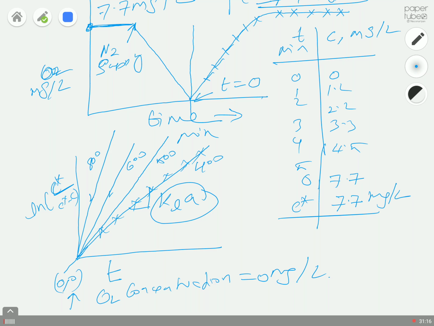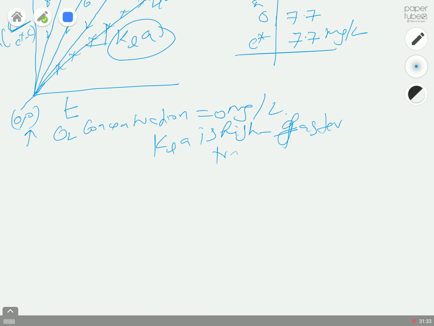Then this will give you some idea about at what agitation speed the mass transfer is maximum. If KLa is high, it means faster transfer of oxygen to water.